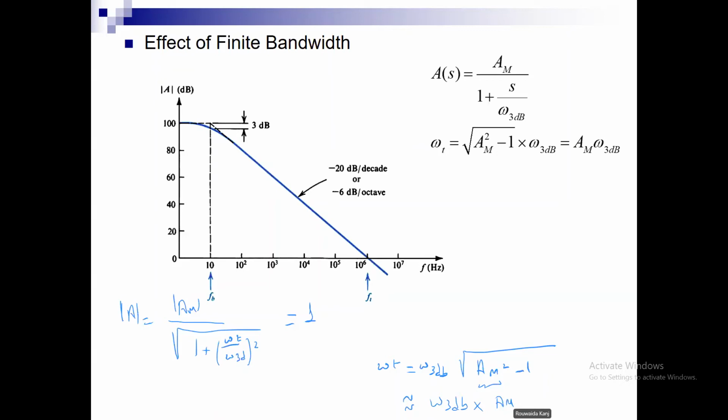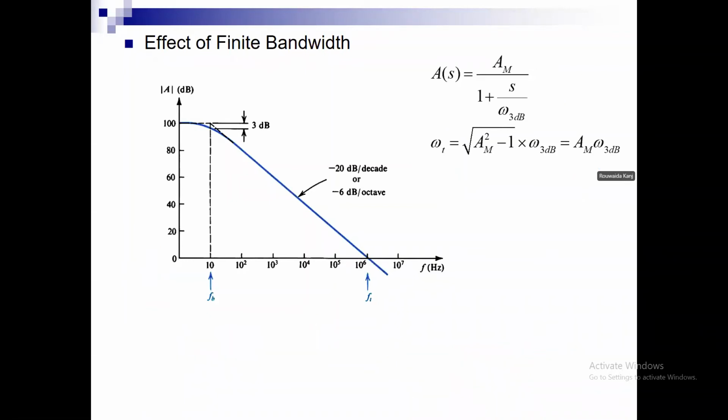So for any amplifier where I know AM and I know omega 3 dB, from now on I can approximate its unity gain frequency, where it crosses 0 dB. Right, unity gain is 0 dB at a frequency omega t, which is equal to AM times the 3 dB frequency. What does this tell me? This tells me that anytime I have a finite bandwidth, I'm going to hit zero gain after some time.